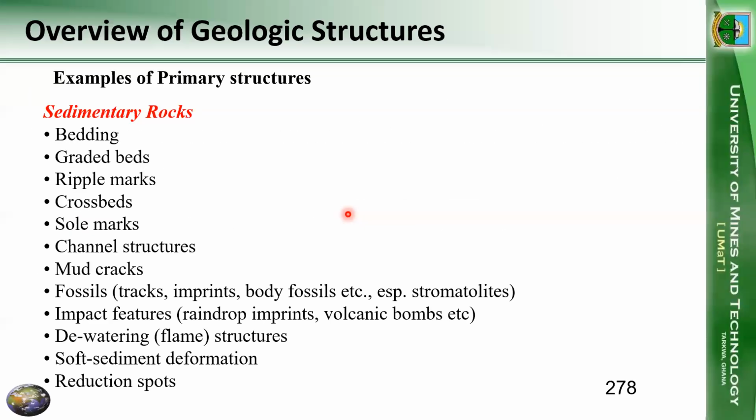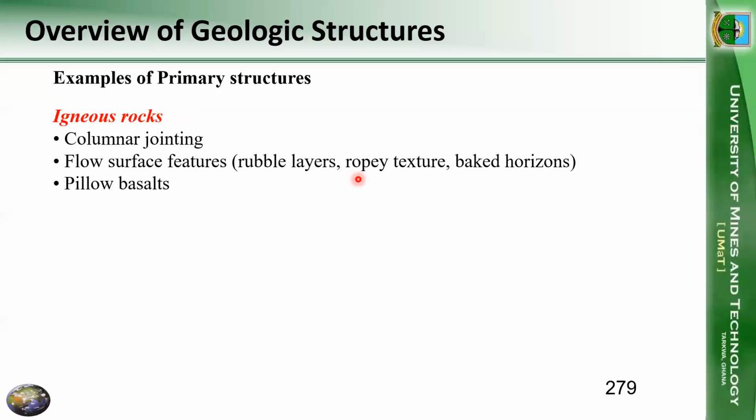And then for examples of primary structures, we mentioned bedding planes, graded beds, ripple marks. I illustrated some of these. And then fossils. In igneous rocks, we could have columnar joints, flow surface features and pillow basalt. In metamorphic rocks, it depends on whether the rock was initially igneous or sedimentary.